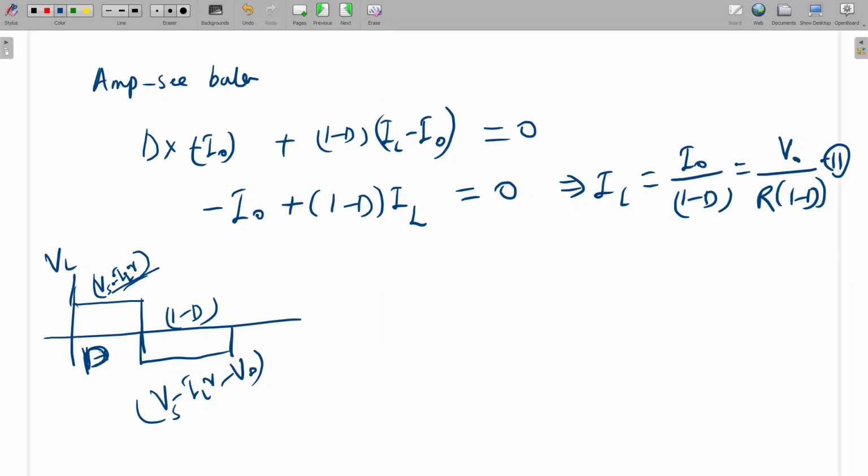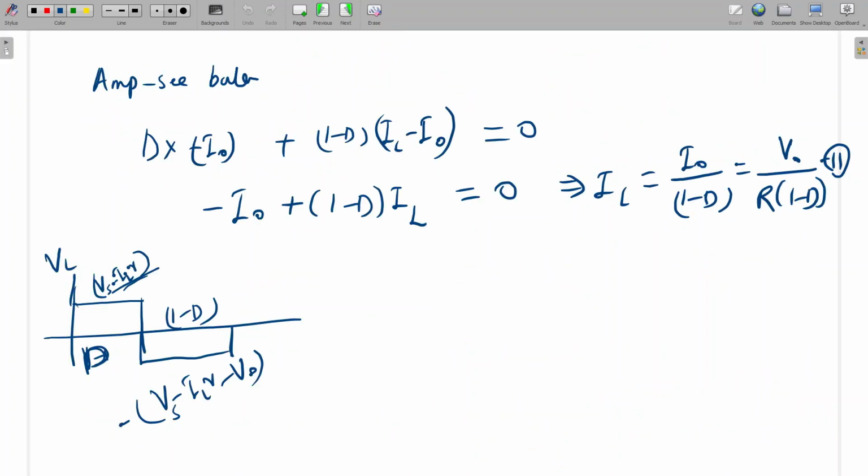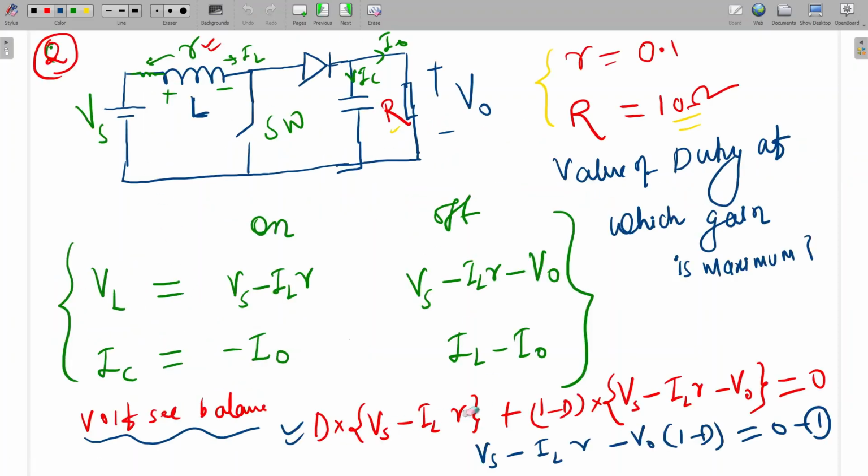Average value is the area. The overall value here will be negative, but I am taking it as positive only. So what will be the area? Positive area plus negative area should be equal to 0. That only I have done here. It means we can say that the average voltage across the inductor is 0. Is it clear now?